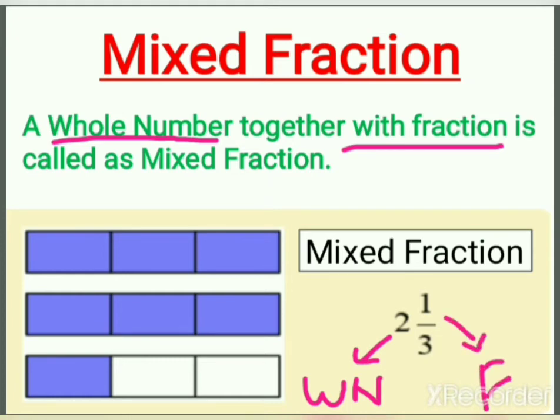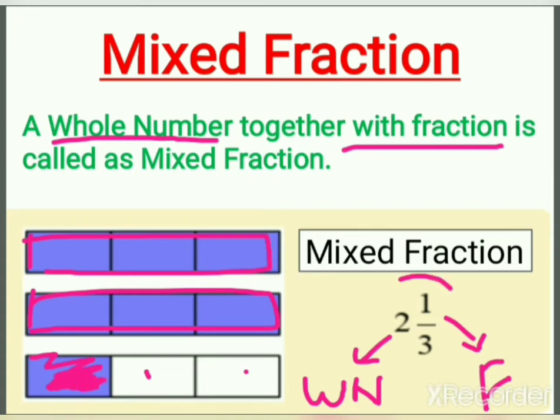So whole number along with fraction is called mixed fraction. 2 whole means 2 complete and 1 by 3 means out of 3 we have to take only 1. So in this way we can represent mixed fraction 2 1 by 3. 2 wholes and 1 by 3 fraction.